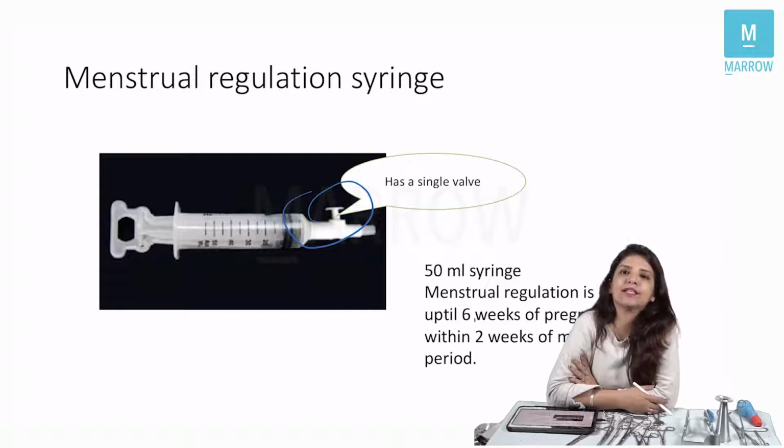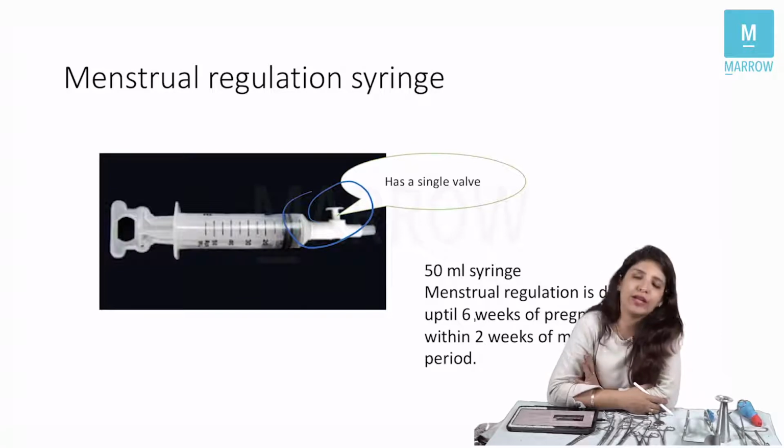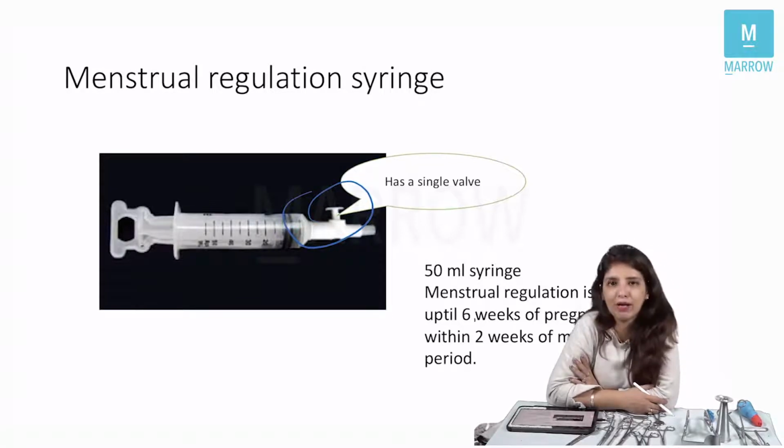Menstrual regulation can be done up till 6 weeks of pregnancy or 6 weeks of amenorrhea, or in other words, till after 2 weeks of the missed period. So till after 2 weeks of the missed period, you can go for menstrual regulation as a method of MTP. Menstrual regulation is done using a menstrual regulation syringe in which there is a single valve, right?